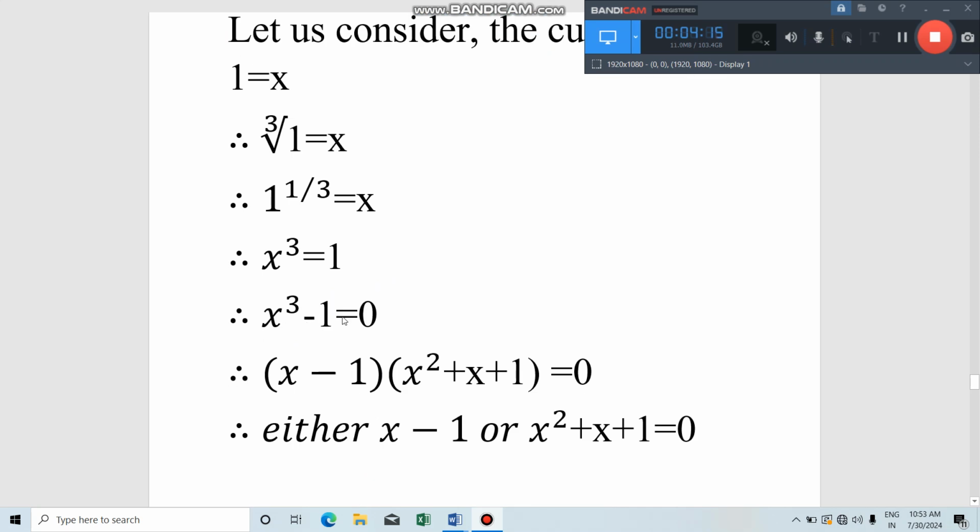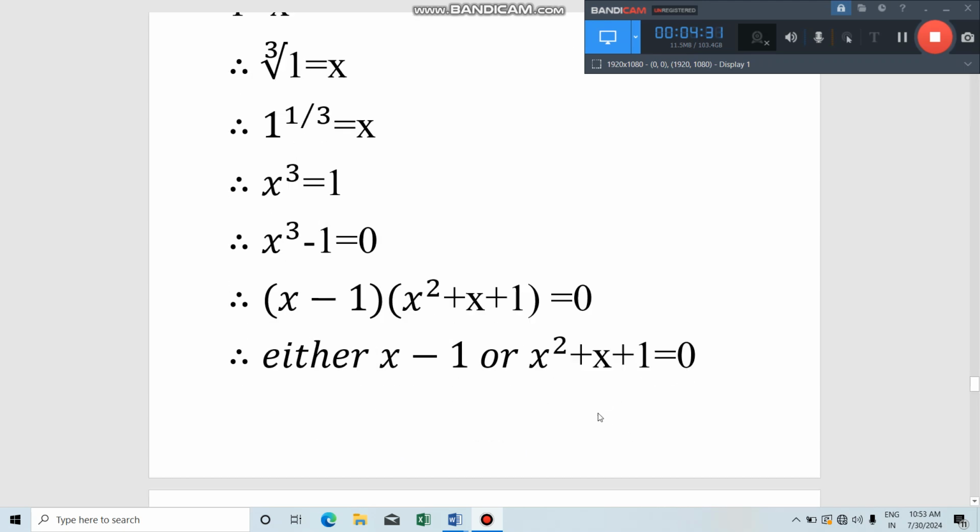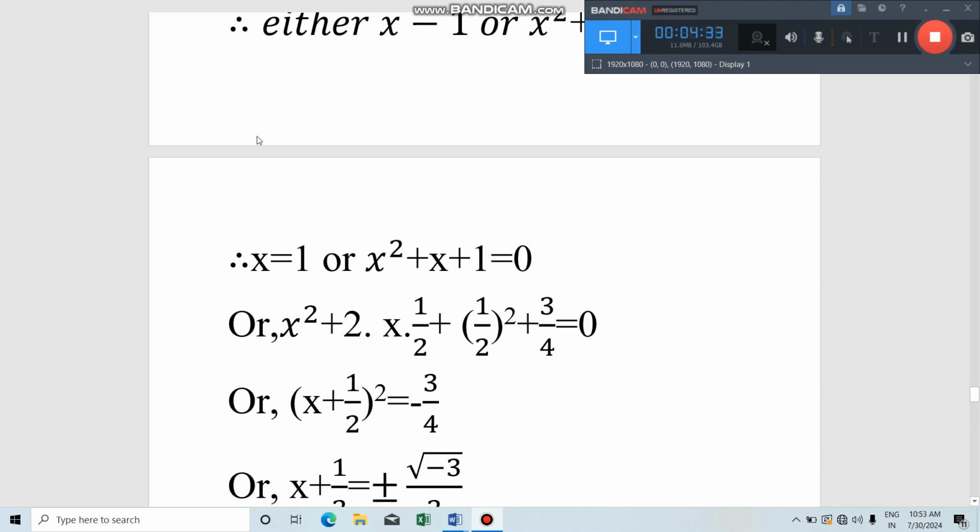Now, the a cube minus b cube formula will be a minus b into a square plus ab plus b square. With the use of this formula, we can write x minus 1 into x square plus x plus 1 equals 0. So either x minus 1 equals 0 or x square plus x plus 1 equals 0. Therefore, x equals 1 or x square plus x plus 1 equals 0, or x square plus 2 into x into half.